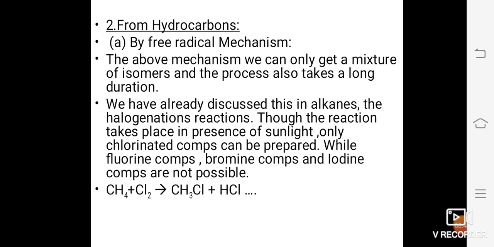The halogens can replace the hydrogen atoms one by one, thus forming chloromethane, dichloromethane, trichloromethane, and tetrachloromethane, that is CH3Cl, CH2Cl2, CHCl3, and CCl4, along with CH3CH3, ethane.